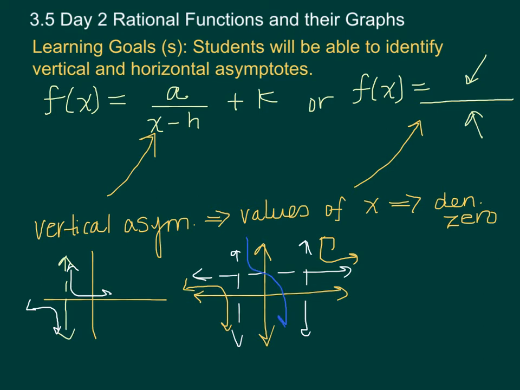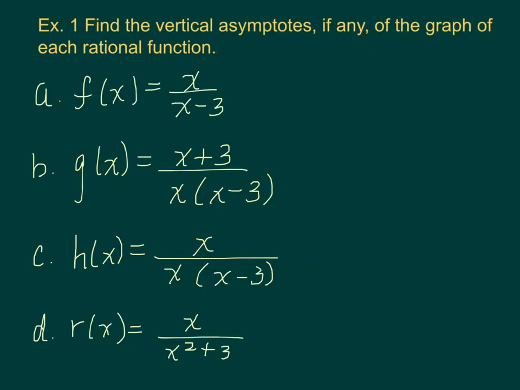Sometimes it may touch the horizontal, but it never touches the vertical asymptote. So we're going to use example 1 to help us find vertical asymptotes. A rational function may have several vertical asymptotes, and the graph can never intersect a vertical asymptote. Remember, it may cross the horizontal, but never intersect the vertical.